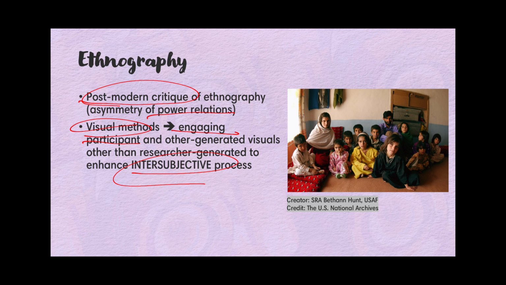Or maybe we can provide cameras to the people living in that particular cultural group, and allow them to show us the visuals that matter to them, the visuals that are closely related to their culture, instead of you holding the camera, taking the pictures that you think are important as an ethnographer, and then using that to describe them. So there has to be some form of participation in the way this is being described.